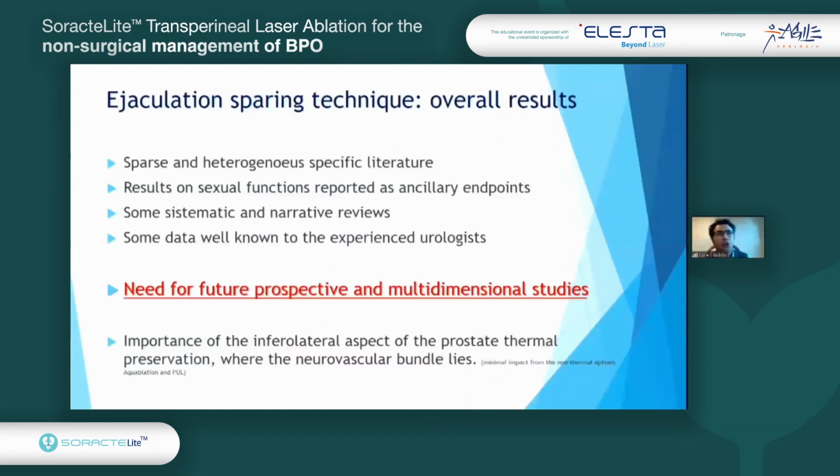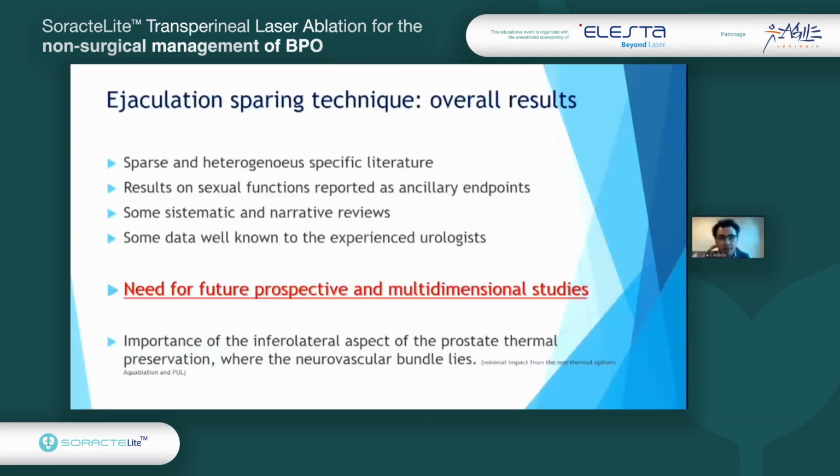And in the papers and meta-analyses I read and reviewed recently, the literature is so heterogeneous and also sparse. The results on sexual function have been reported as ancillary endpoints and not primary endpoints.